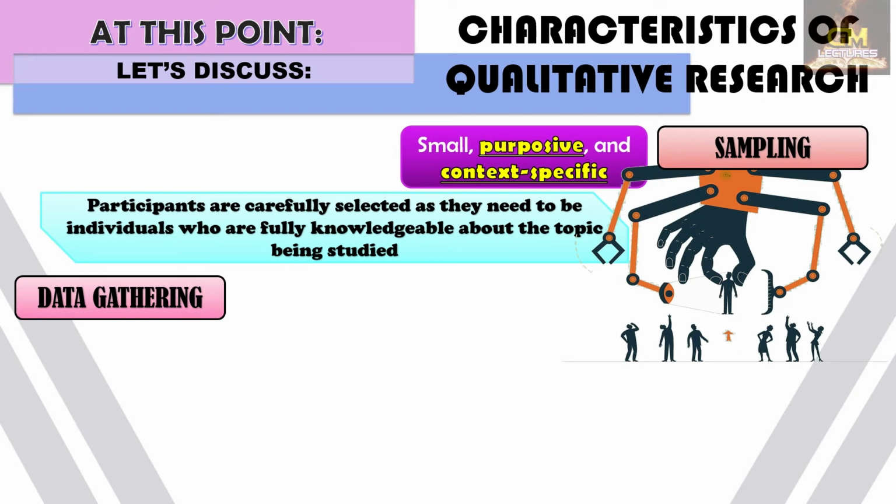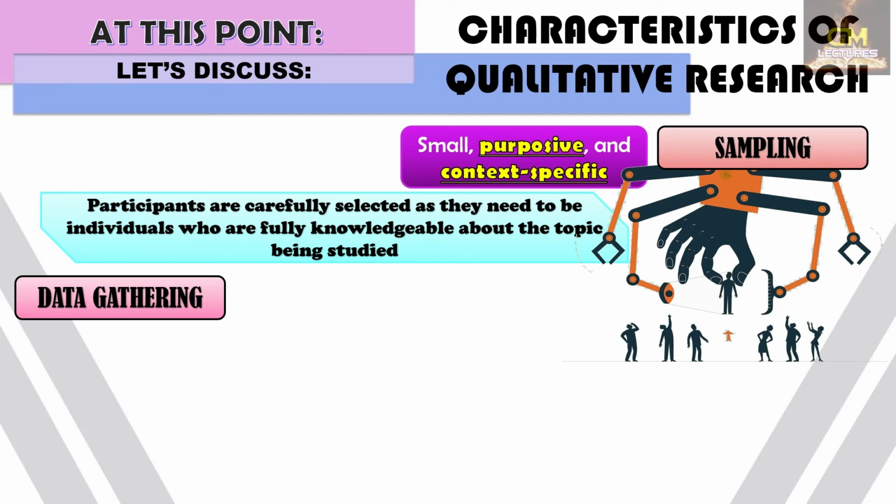As compared to quantitative research, which would require a huge number of participants in order for the results to be accurate, reliable, and generalizable, in qualitative research, we focus on the fact that the participants have to be individuals who have had actual experience or knowledge about the topic that is being covered. This would allow them to share meaningful ideas, meaningful insights, and meaningful stories that would contribute to how the story or how the research would be interpreted or discussed.